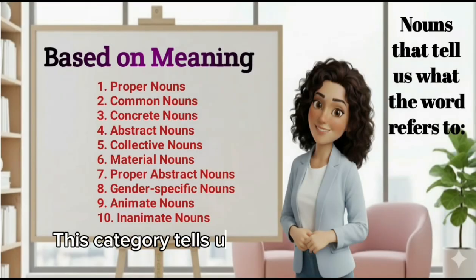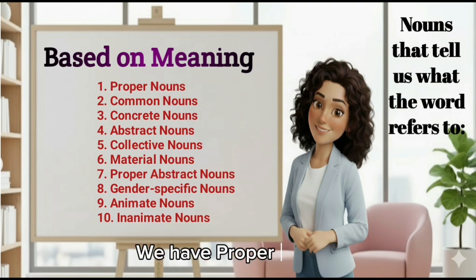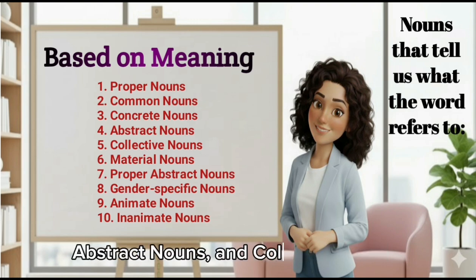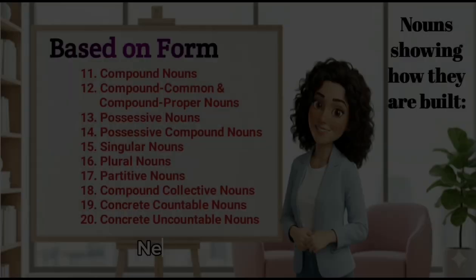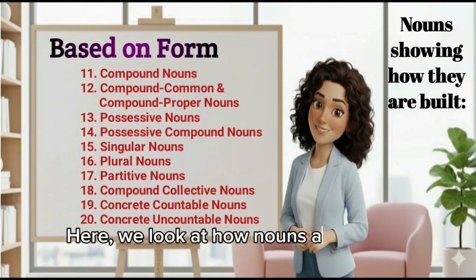First up, based on meaning. This category tells us what the noun refers to. We have proper nouns, common nouns, concrete nouns, abstract nouns, and collective nouns, like Mike, teacher, apple, love, and team. Next, based on form. Here, we look at how nouns are built or structured.